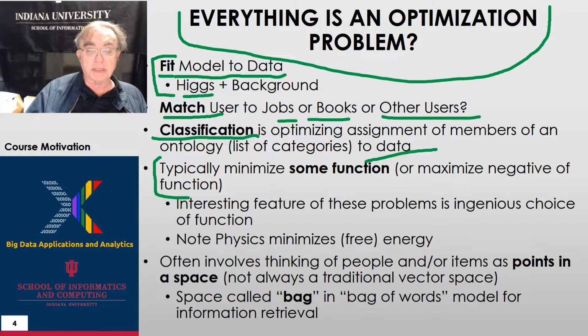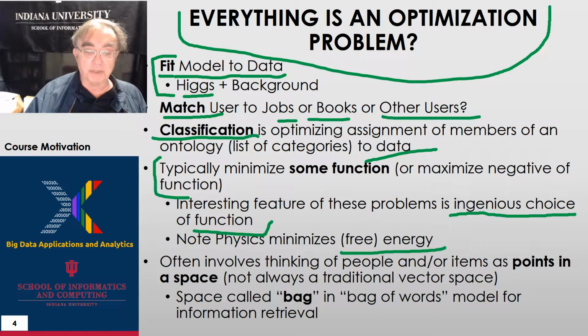Let's call it minimization or optimization. And often the key is to find an ingenious choice of function. Mother Nature's already got a natural function, the so-called free energy, from which the equations of physics come from minimizing that free energy.